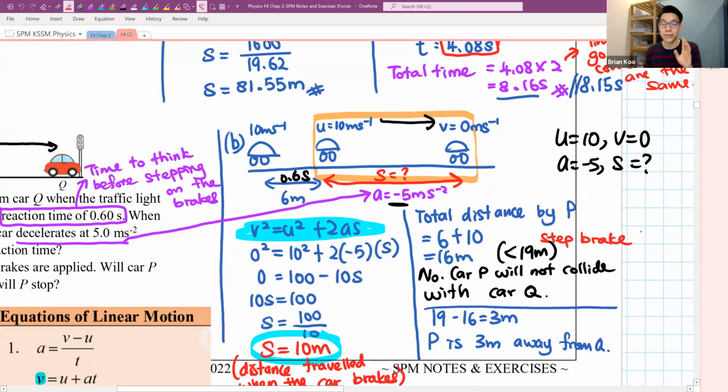So the car will not collide. The car will not collide because they were 19 meters away, but you only traveled 16 meters. So it won't hit car Q. And they are 3 meters apart. That's the last part.